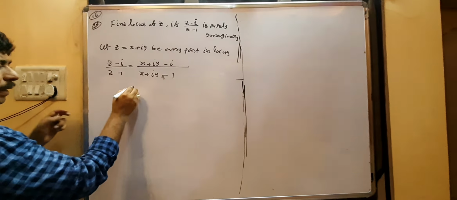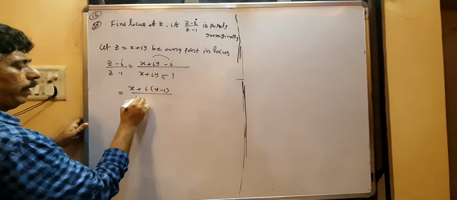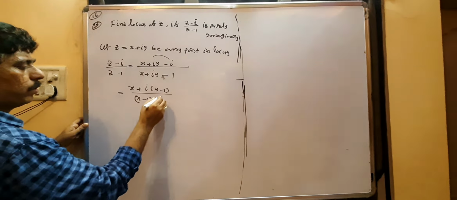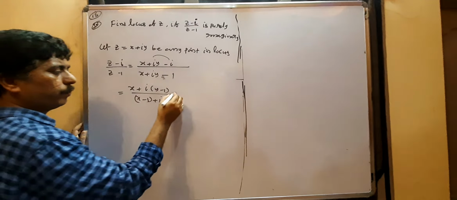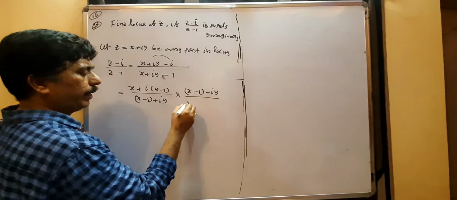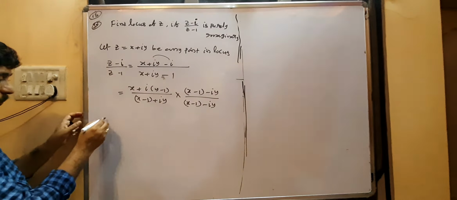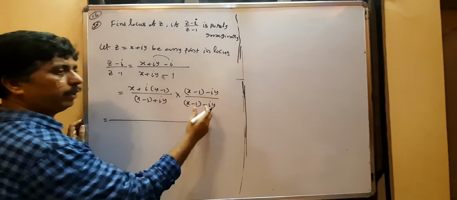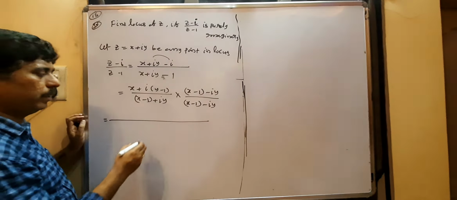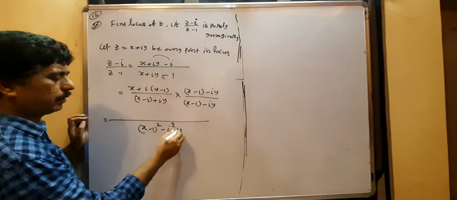So this is x plus i(y minus 1) by (x minus 1) plus iy. Rationalize the denominator: multiply both by (x minus 1) minus iy. Denominator a plus b into a minus b is a square minus b square, that is (x minus 1) whole square minus i square y square.